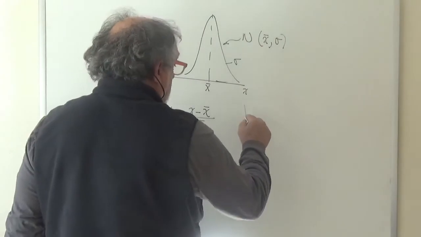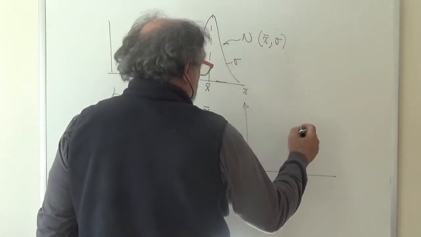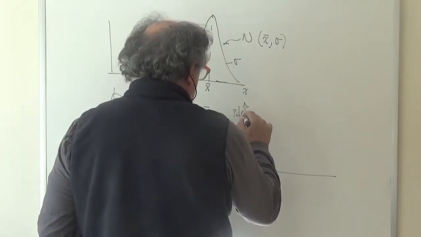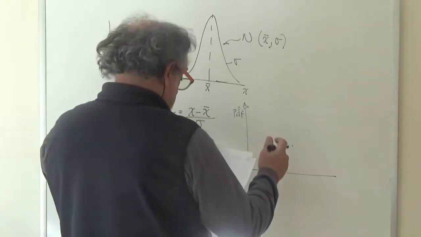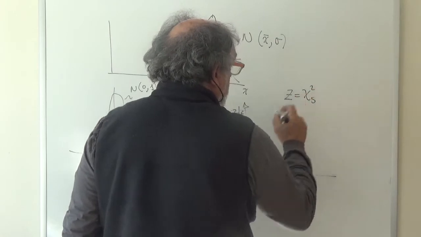Well, if you square it, there's no need for negatives. So here is the PDF of, let's say, z, which is the standardized variable squared.